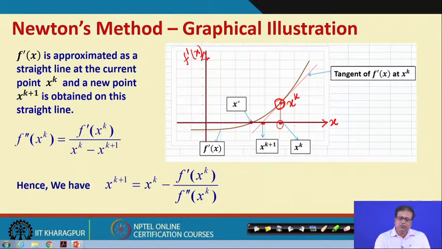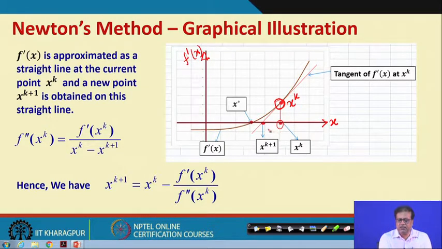Now, if I take the tangent of this f dash x and then take the slope, that is nothing but f double dash x k, is it not? Because that is the second derivative: this line is the first derivative f dash x, and if we take the slope at a given point x k, obviously that should be our second derivative. So, the equation written here is f double dash x k equals f dash x k by x k minus x k plus 1.